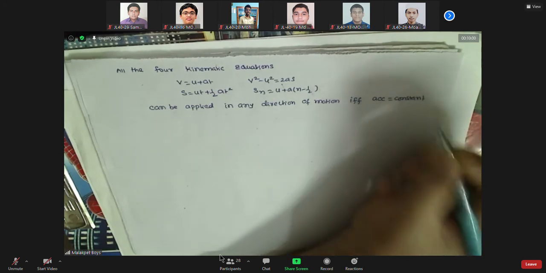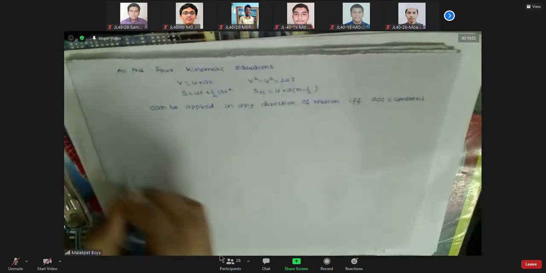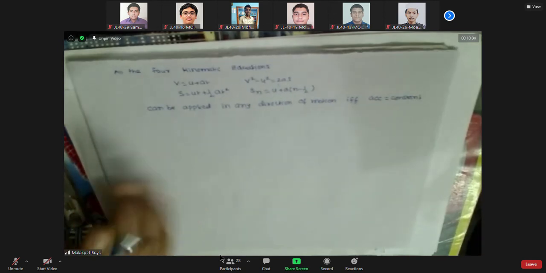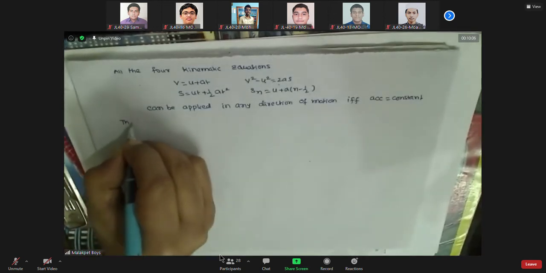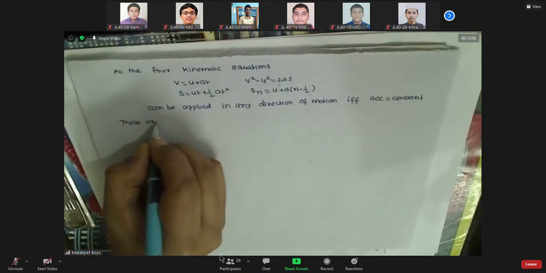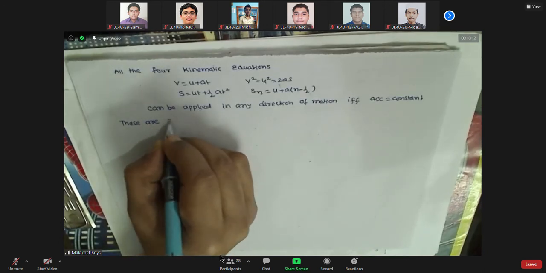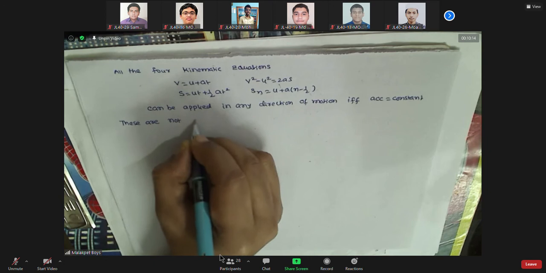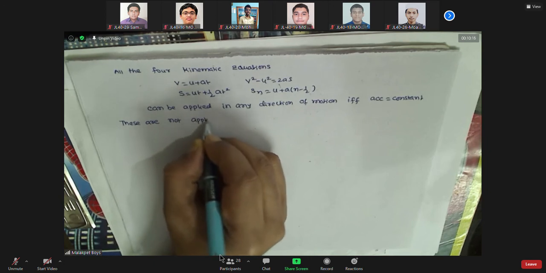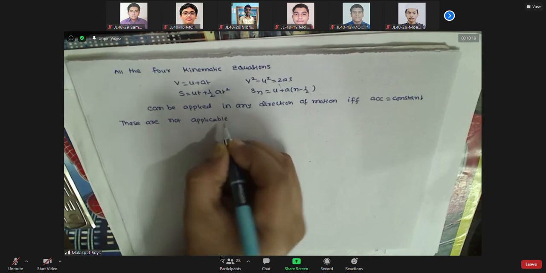If acceleration is variable, you cannot apply this. These are not applicable. Remember, while integrating, we removed acceleration outside the integral. Agreed?